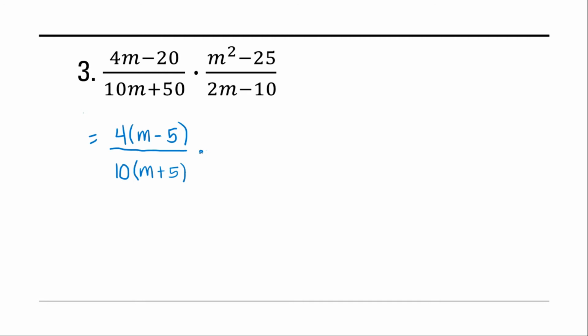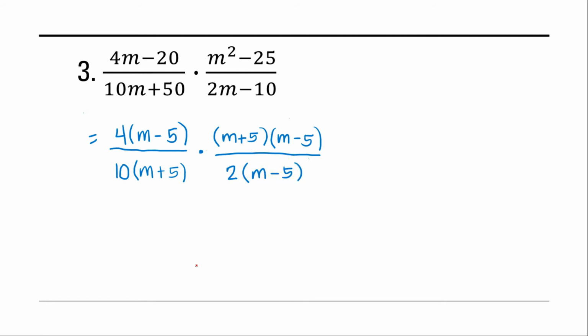m squared minus 25 is actually difference of 2 squares. So, we can factor this out as m plus 5 times m minus 5, while the denominator, 2m minus 10, can be factored out as 2 times m minus 5.